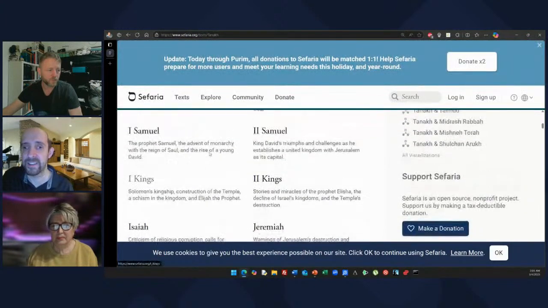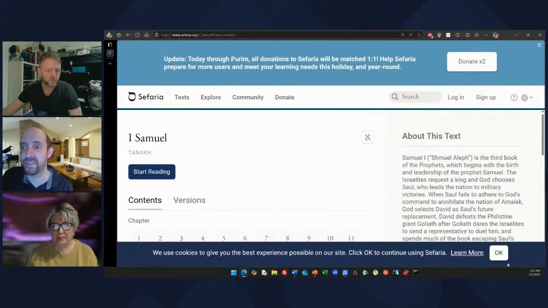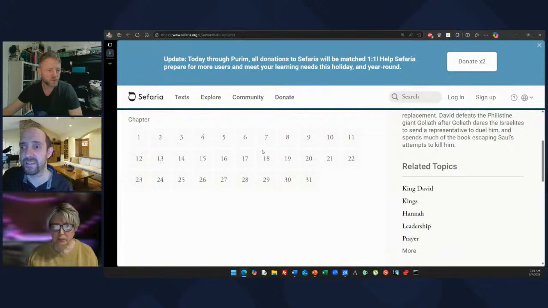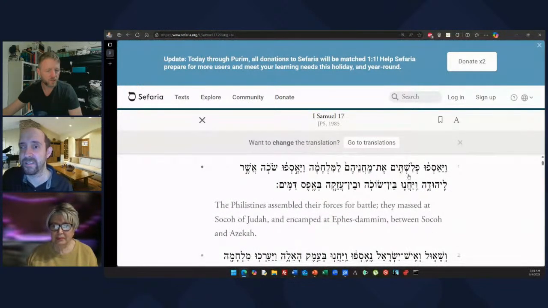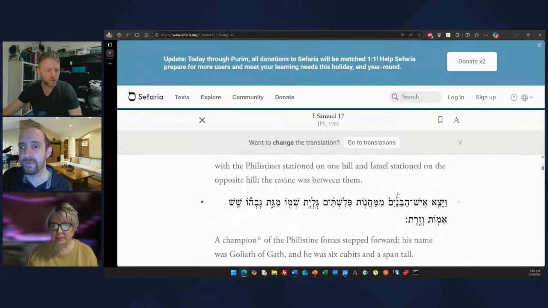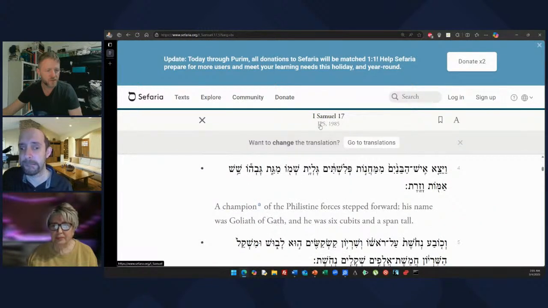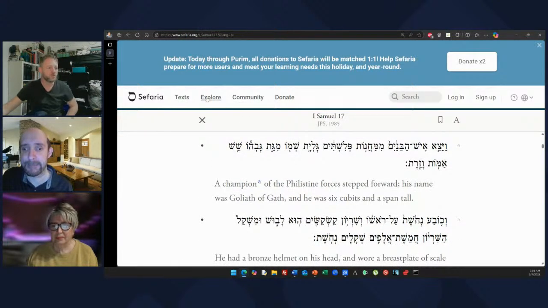If you're reading 1 Samuel to follow along with us, then you want to go to chapter 17, 1 Samuel 17. Now you've got the Hebrew and English. This is the JPS 1985, which is the nice, new, modern JPS. It's not the 1917, so yeah, it's good.